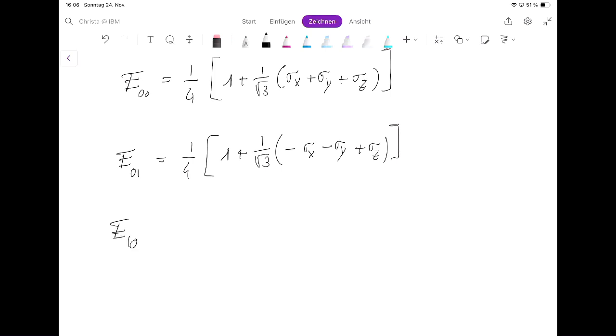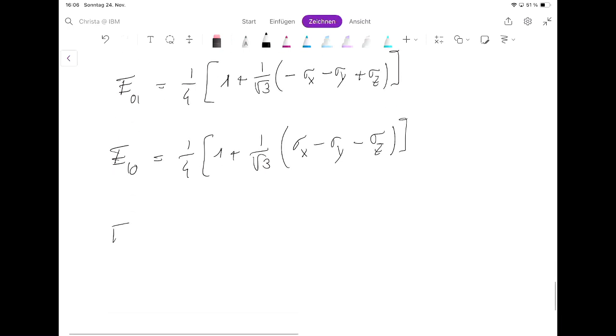There is a systematic way of constructing those. You can see they more or less look the same. What changes is just the signs in front of these guys here.